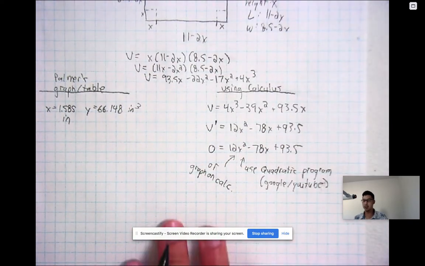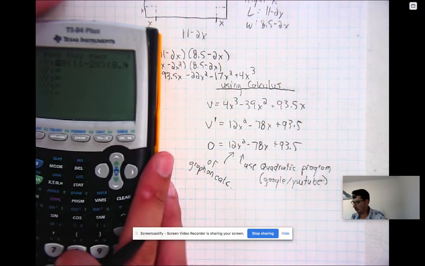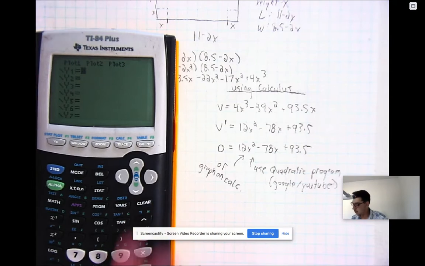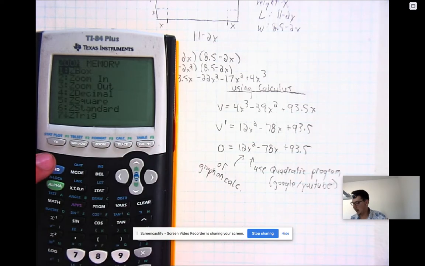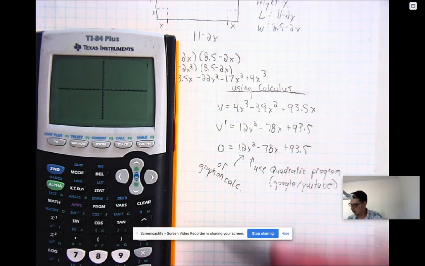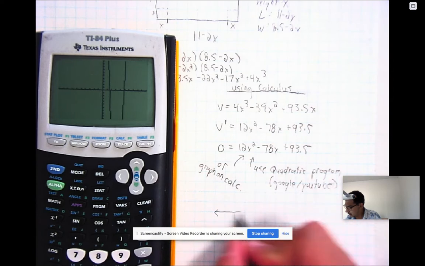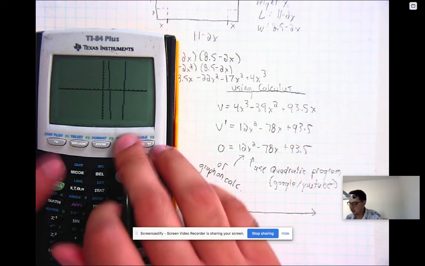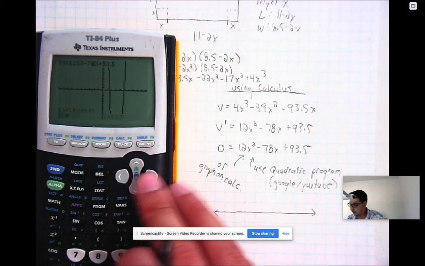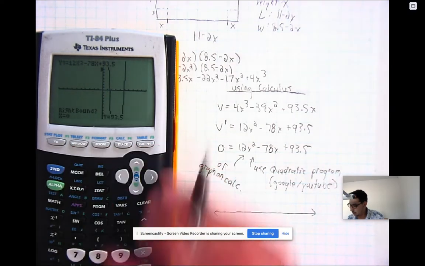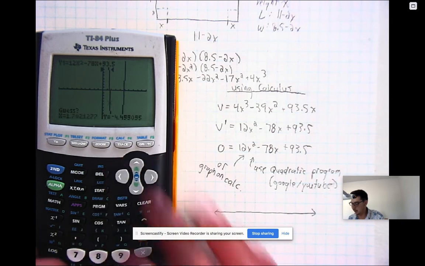So let's find the zeros of this. We go to y equals and put this equation in, and then we go to our graph. All we need are the zeros. I can see them there. I set my left bound at 0 and my right bound at 2, because I see it happens before 2, and guess to the right of that.